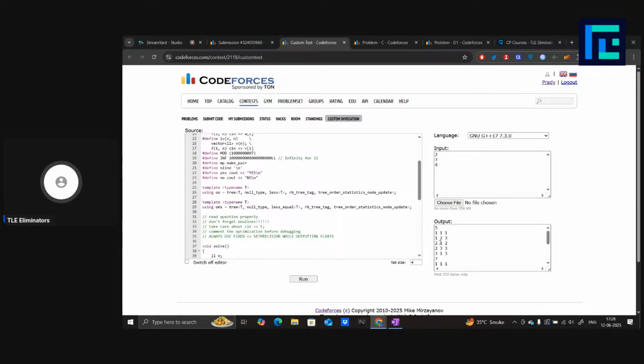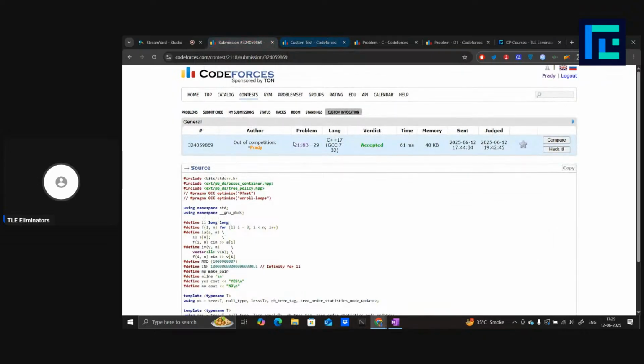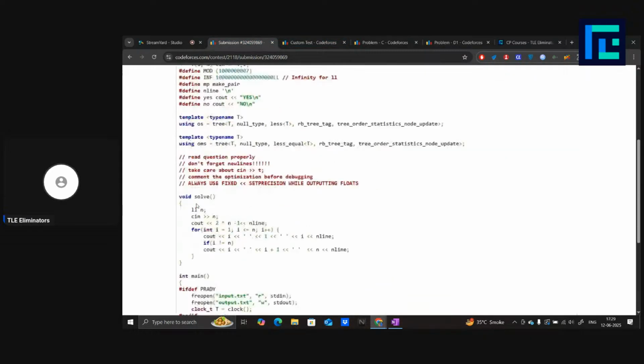Then second row 1 to 2 and 3 to 3. And third row 1 to 3. And for 4 also, you can see 1 to 1, 2 to 4. Then 1 to 2, 3 to 4. 1 to 3, 4 to 4. And 1 to 4. Actually, this 4 to 4 and 1 to 1 is not required, because of course reversing a single element doesn't really do much. So you can skip that as well, but that will take more code. So I just printed them. It is no problem.